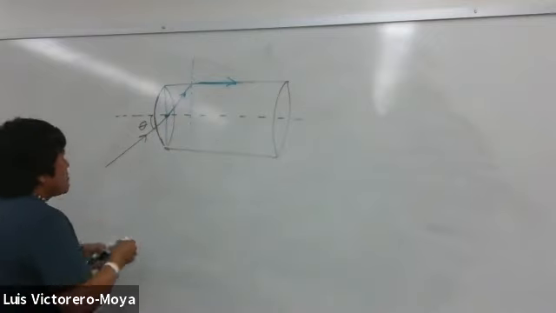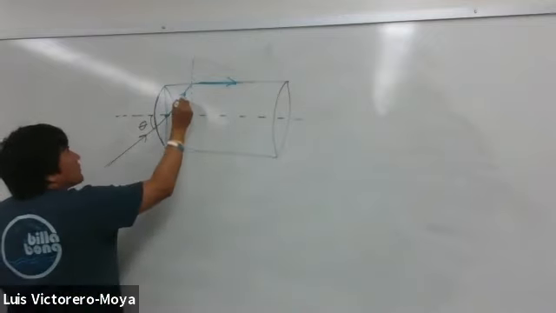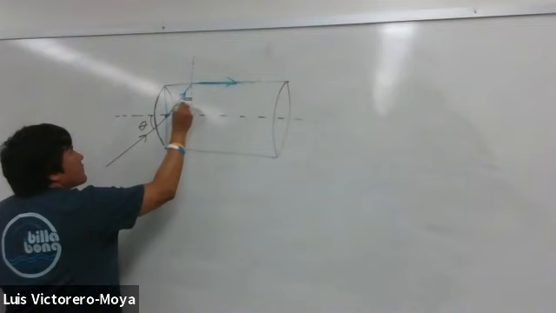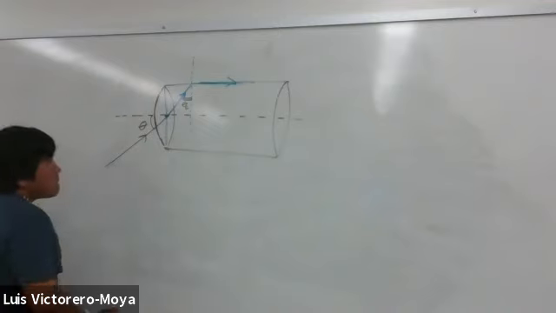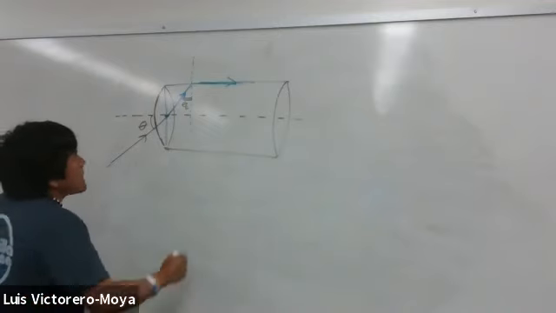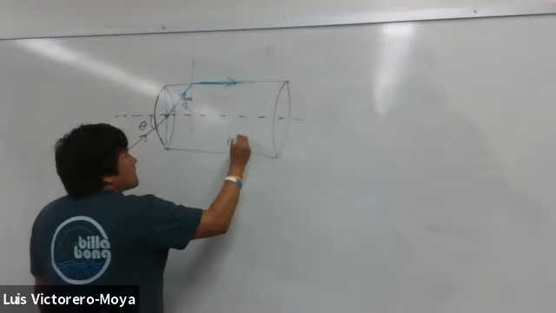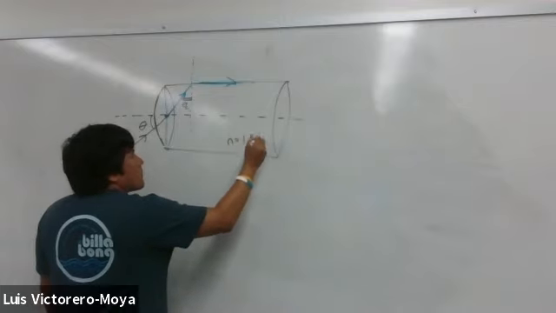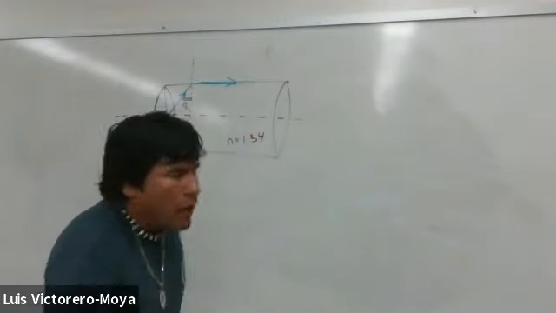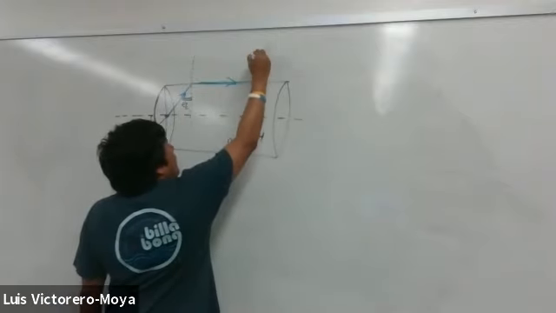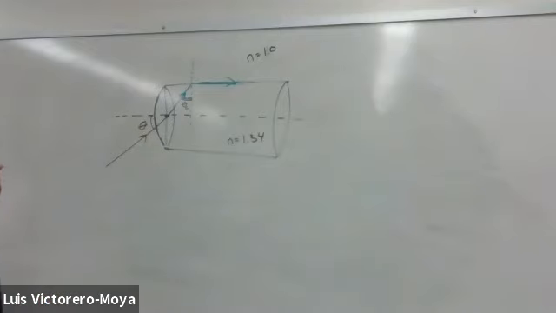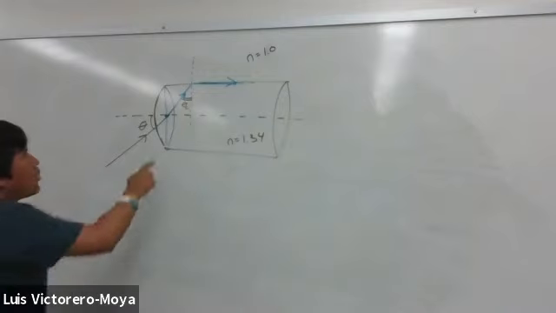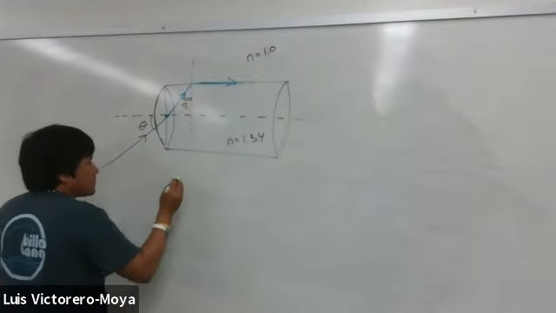The critical angle is this. This is 1.34, and this is 1. How do you find the critical angle?